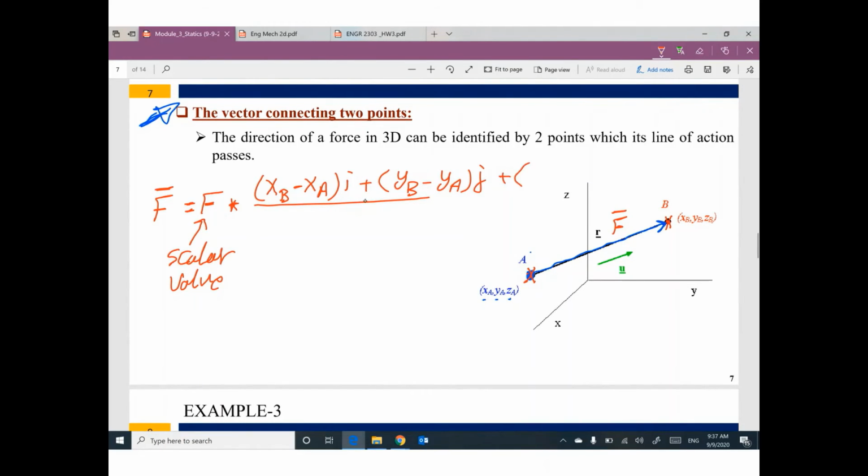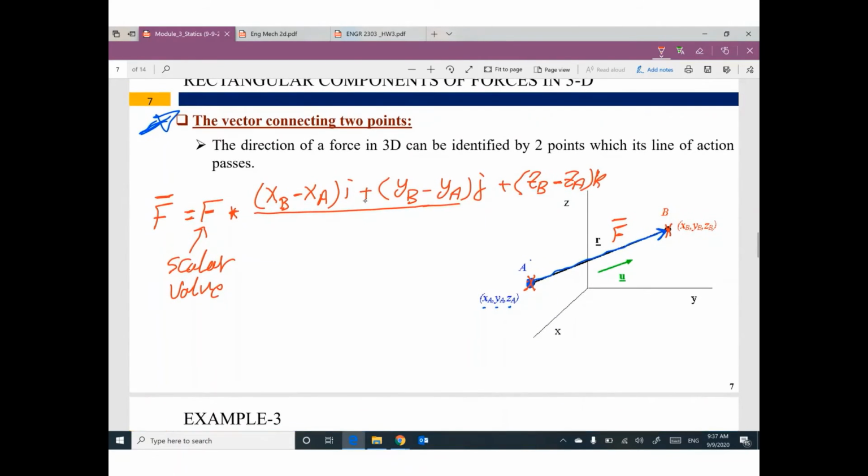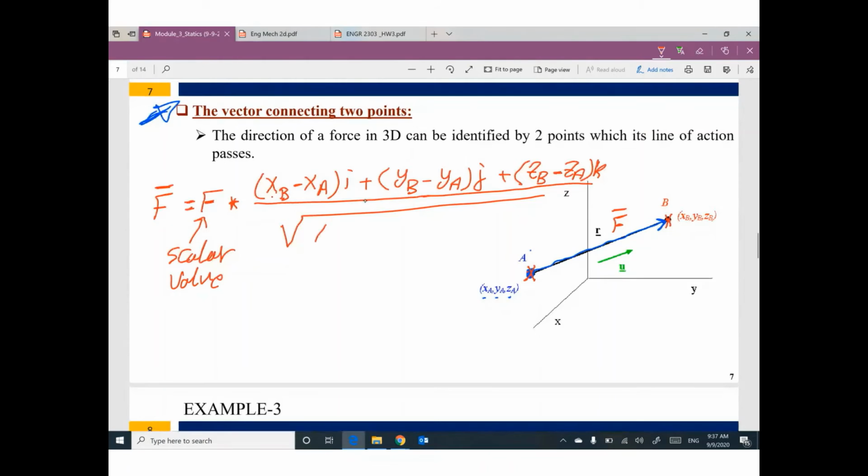Z coordinate of B minus z coordinate of A, k. Divide by the square root of this value, xb minus xa squared, second value, yb minus ya squared, third value, zb minus za squared.